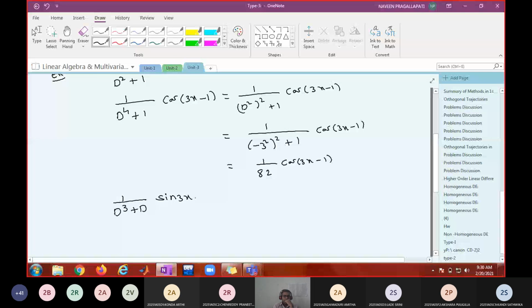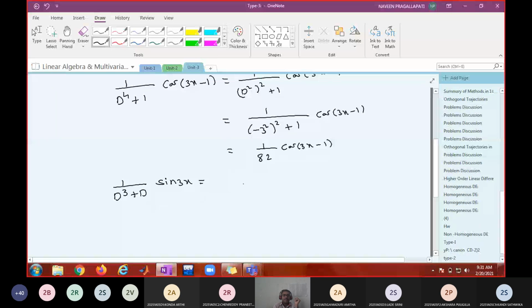You are seeing odd powers now. You don't have even powers. So how can I do this problem? How can I find out this particular integral? We take d common, right?